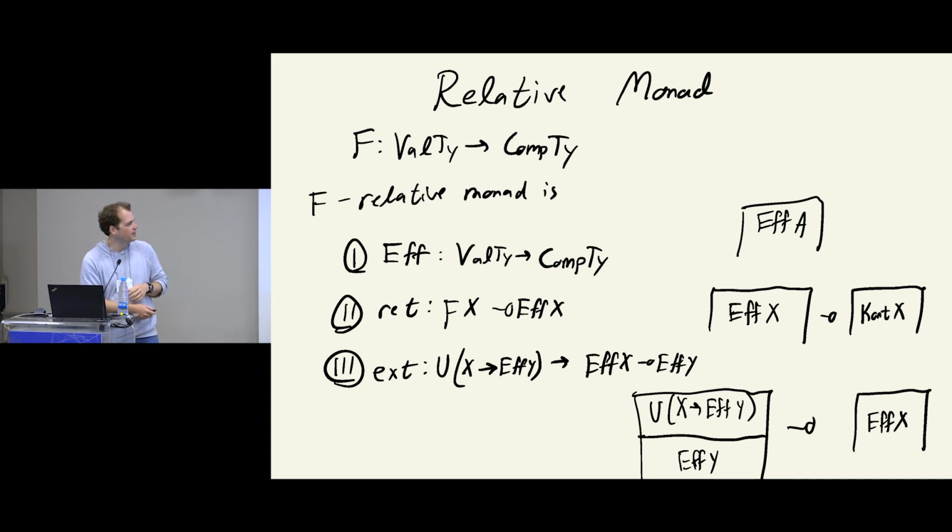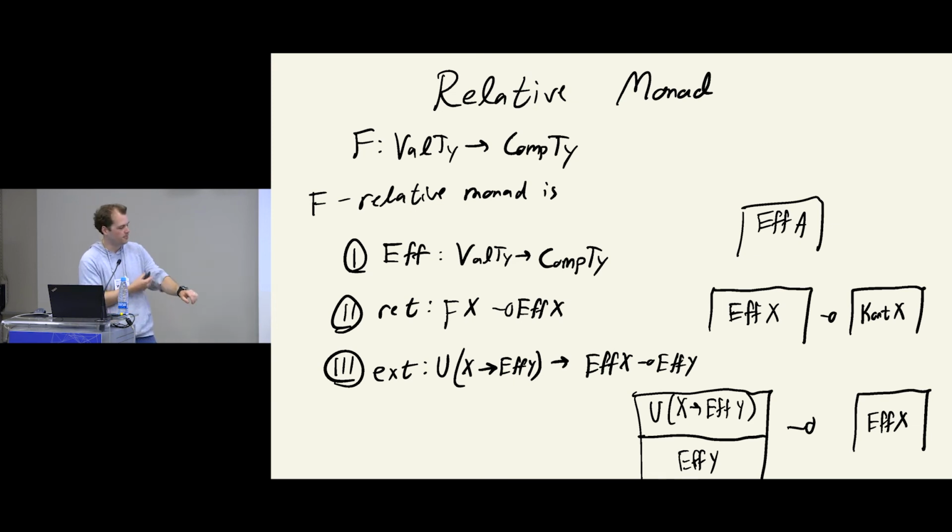And then the extension part says that if I have a stack that has a real continuation, as in a function from X to EFF Y, pushed onto an EFF Y stack, then I can compose those together to make an EFF X stack.